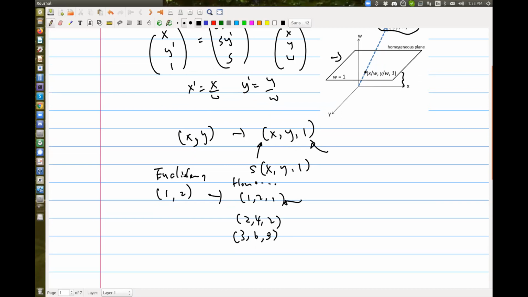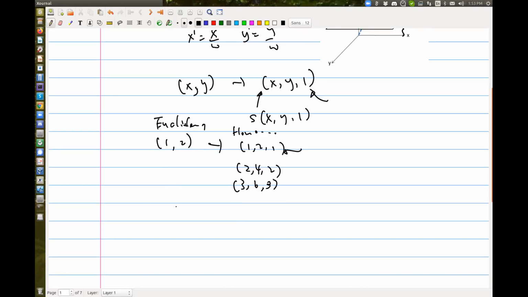So why do we want to do that? Because then we can also put translation into matrix form. Say x, y is translated to x plus tx and y plus ty, and this is my x prime and y prime.